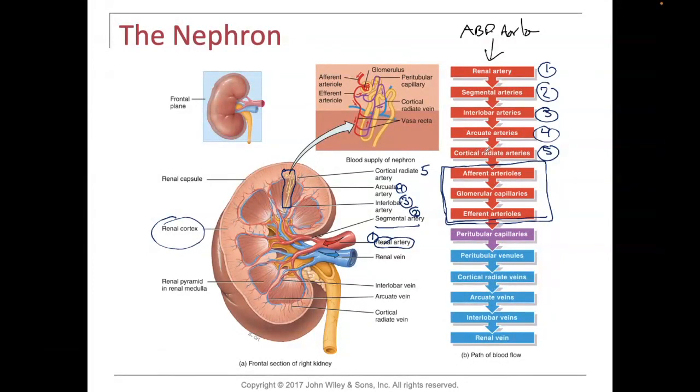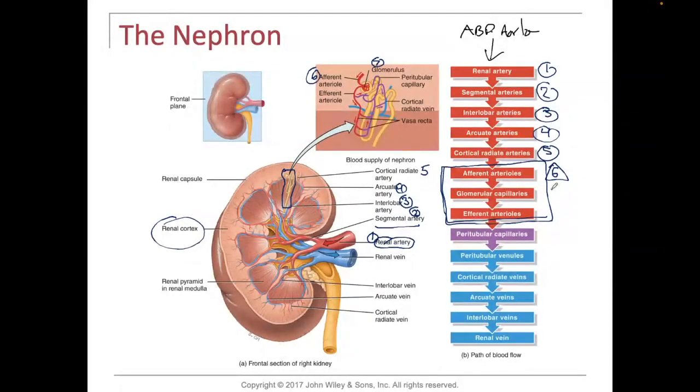Okay, so we left off at the cortical radiate. The cortical radiate is going to branch into a vessel called, I'm going to put it in a triangle, the afferent arteriole, which is right here, number six. You see that right here? The afferent arteriole comes in to create this capillary cluster called the glomerulus, number seven.